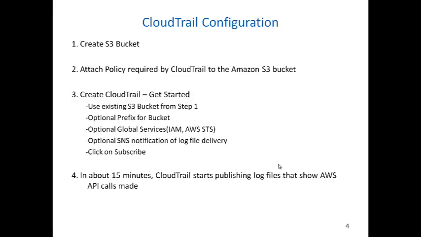And then you'll navigate to the CloudTrail console, click on Get Started, and that's where you set the parameters for the S3 bucket, an optional prefix, and some additional components such as global services, allowing you to capture information from global services such as IAM, AWS STS, and optional SNS notification. Once that configuration is complete, in about 15 minutes, CloudTrail starts publishing those log files that show the AWS API calls.